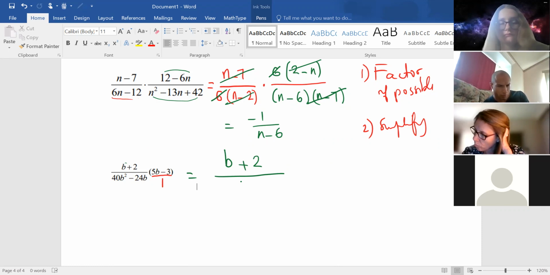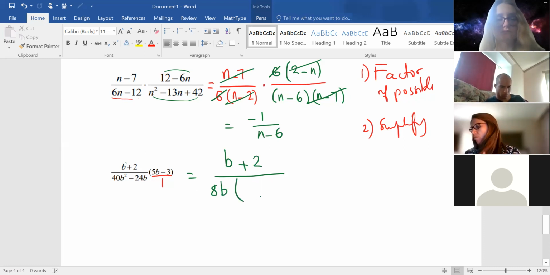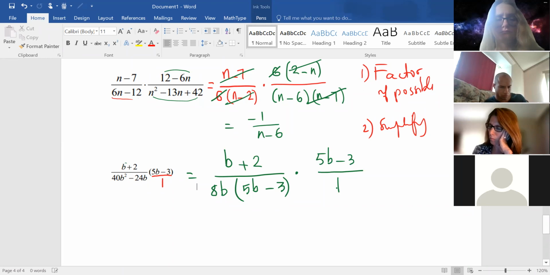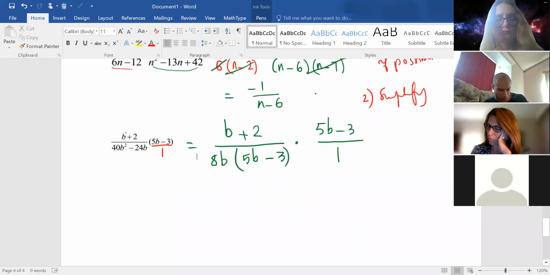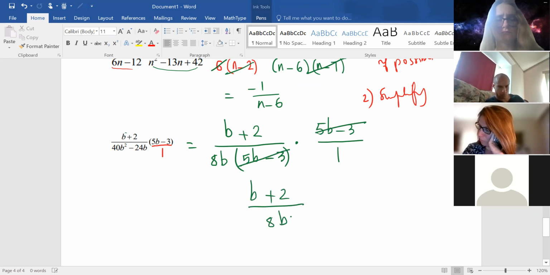Take out an 8b, thank you. The GCF is 8b. It's going to be 5b minus 3 times 5b minus 3 over 1, right? What can we cross out? 5b minus 3 crosses out, so we get b plus 2 over 8b. Okay?